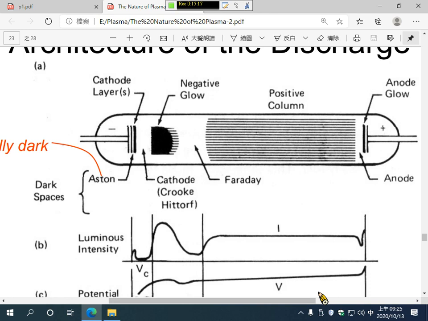For the other reaction, when electrons meet the cation, they might recombine together and emit photons again. So this is recombination.